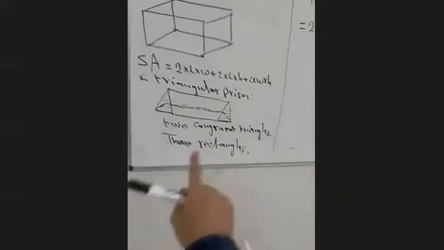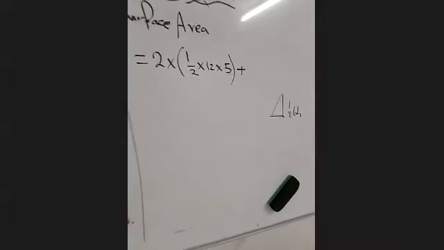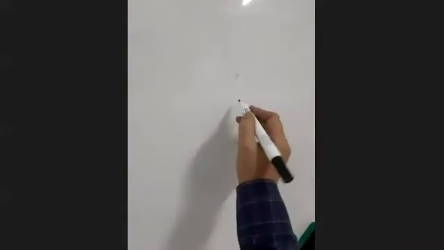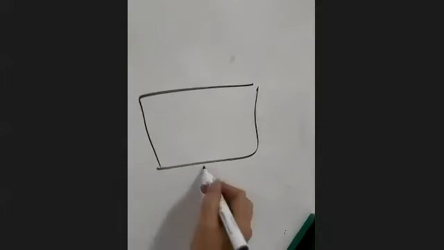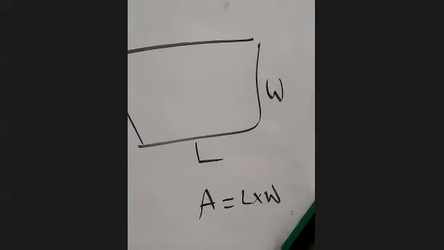What do we still have now? We said we have two triangles and the three what? Rectangles. So let's find the area of each rectangle alone. And we know that the area of the rectangle equals length multiply width. So let's start with the rectangle on the floor, the bottom.